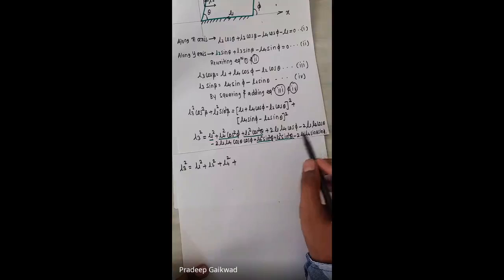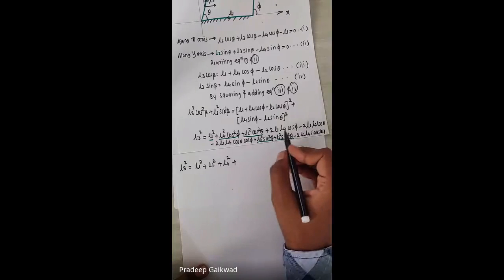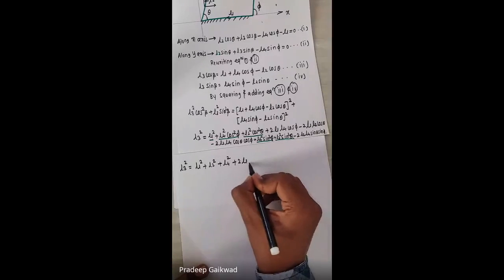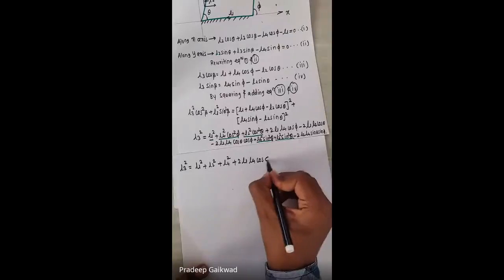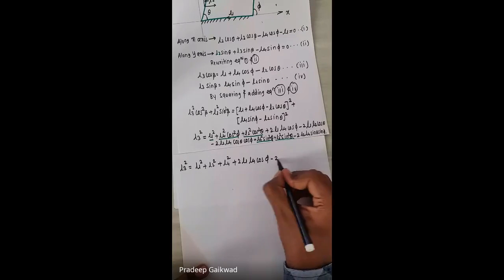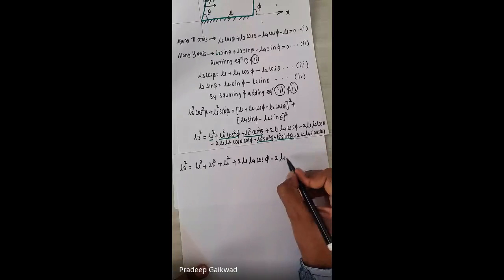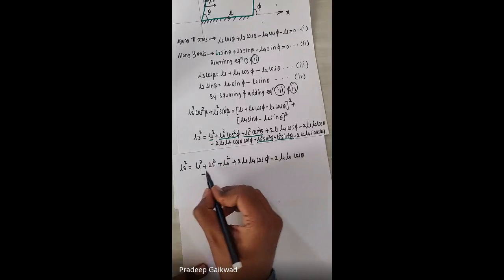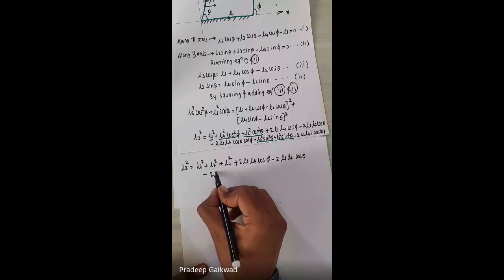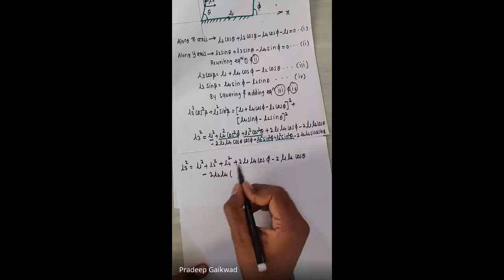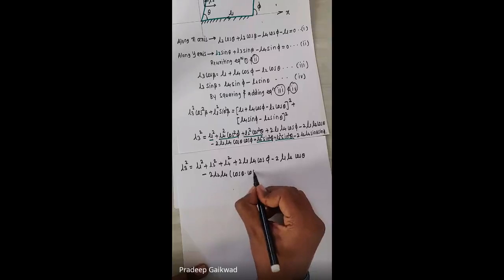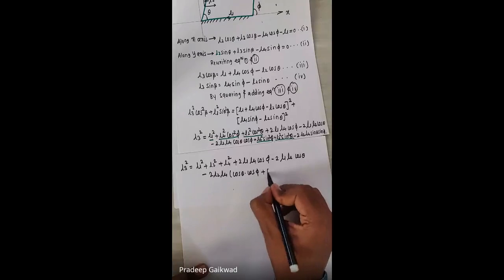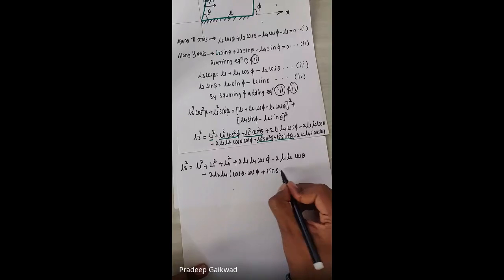So, twice L1 L4 cos phi minus twice L1 L2 cos theta, and the remaining 2 terms: taking common, minus twice L2 L4 is common. The remaining terms are cos theta cos phi plus sin theta sin phi.